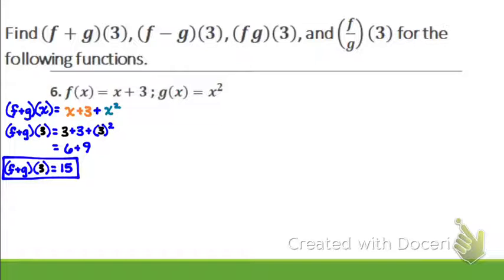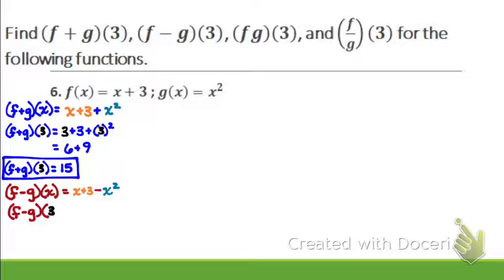And then the difference, f minus g of x. So I have x plus 3 minus x squared. No simplifying that I have to do before I substitute 3 in.